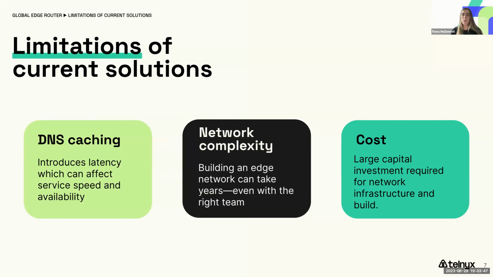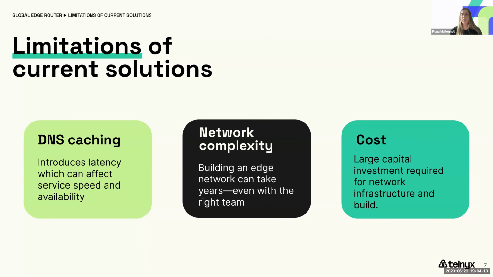Some limitations we found with current edge routing solutions include DNS caching. When solutions are based around DNS, it introduces some latency into the system due to the time to live value, and that can affect the service speed and availability with which your end users get their data.